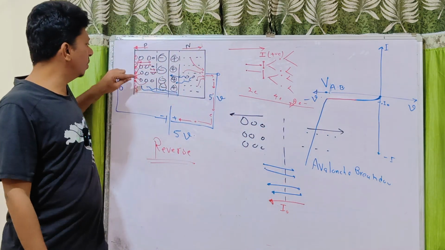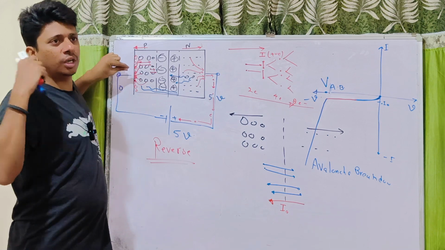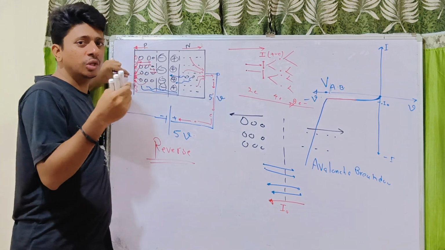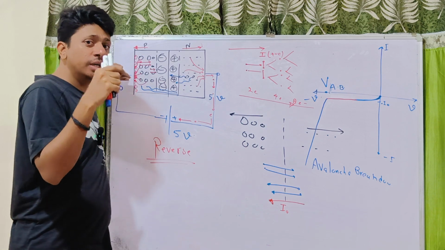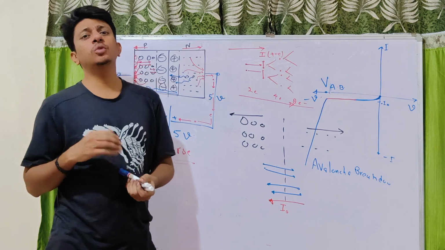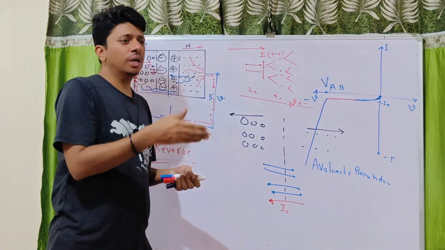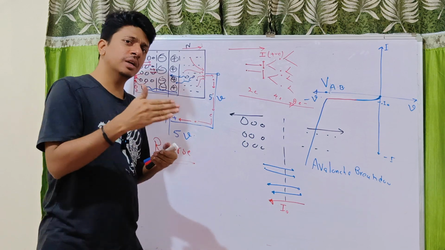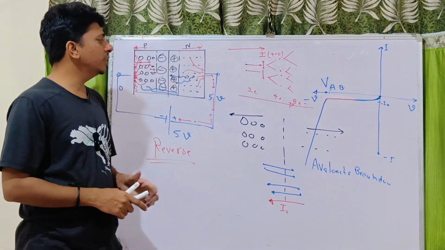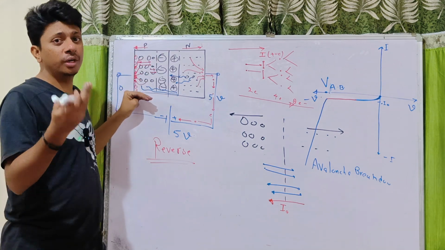At that voltage, a few of the electrons will attain a sufficient amount of energy so that while moving they collide with the covalent bond, and the covalent bond gets broken, and this covalent bond again will generate two more electrons, and further this process will continue. It is a slow process, but it will continue, and their time will come, when a large number of electrons are generated in this region because of the covalent bond breaking.